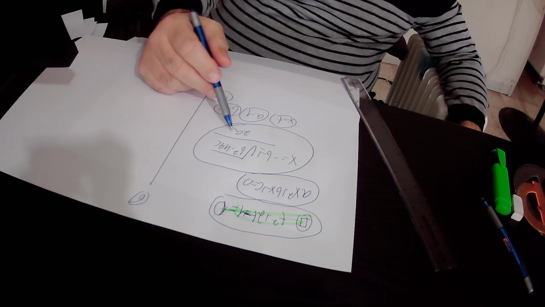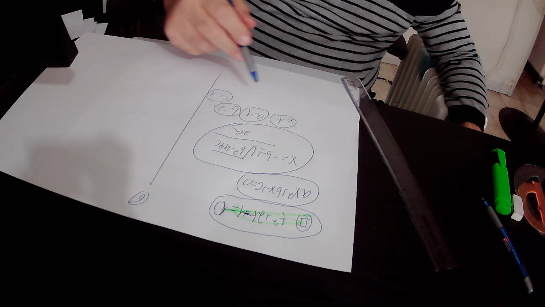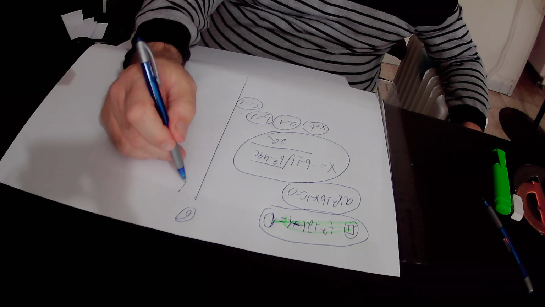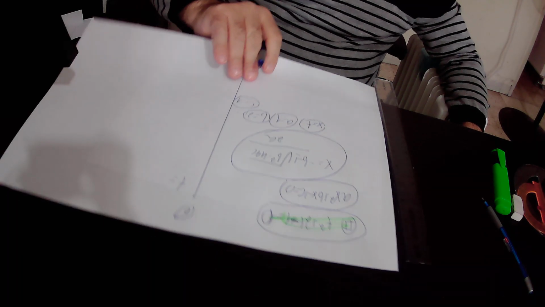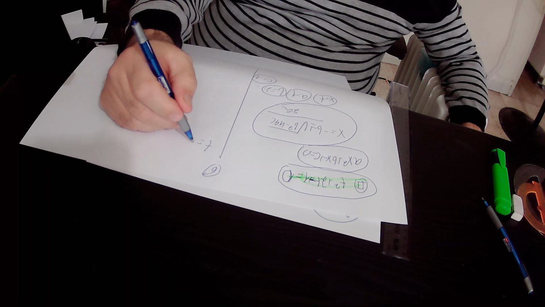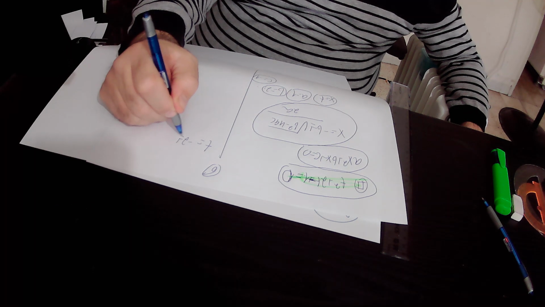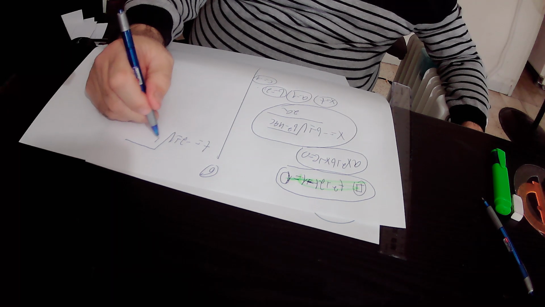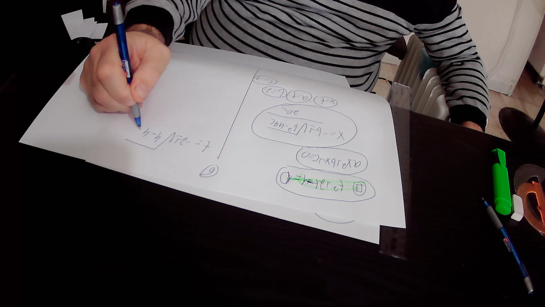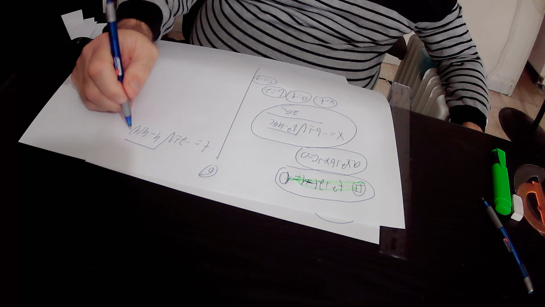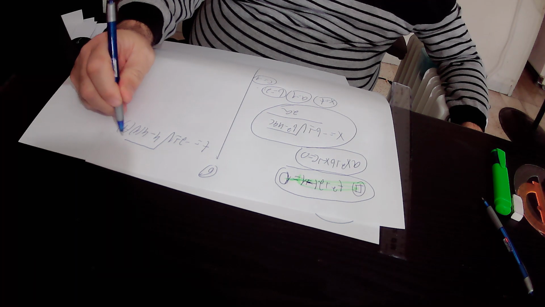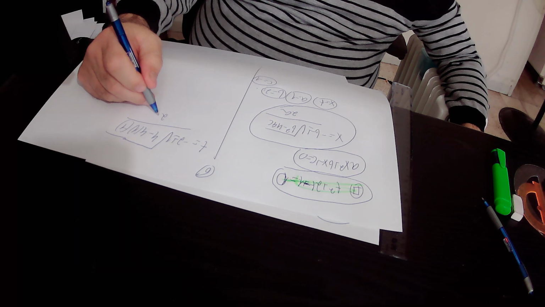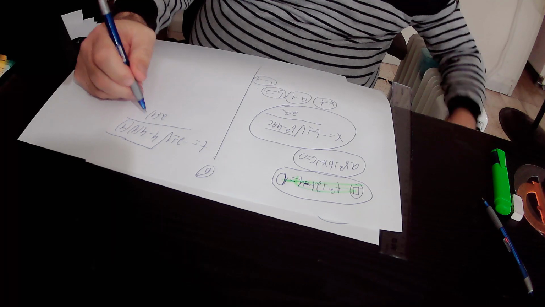So t equals minus b. b is 2, therefore minus b is minus 2, plus minus the square root of b squared, which is 2 squared, that is 4, minus 4 times a, which is 1, times c, that is minus 1, all divided by 2 times a, which is 2 times 1.